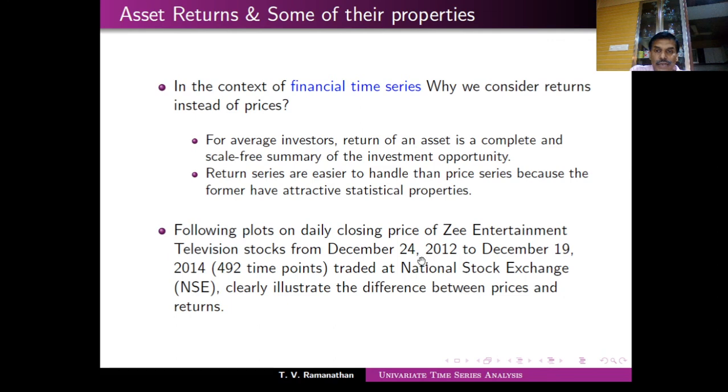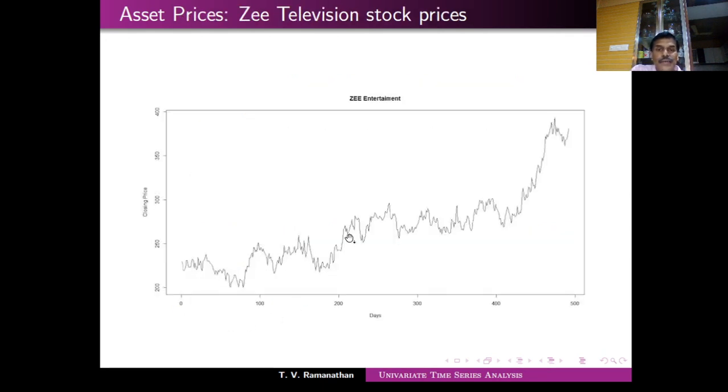In actual data, these are the stock prices of Z Entertainment Television Company in the National Stock Exchange. It is two years of data, about 492 daily time points. This is the time series plot, and you can see that it is quite non-stationary.